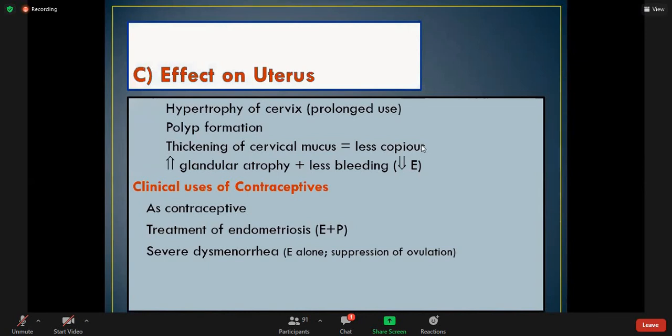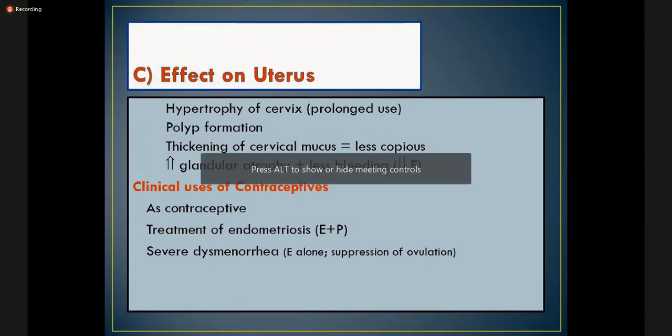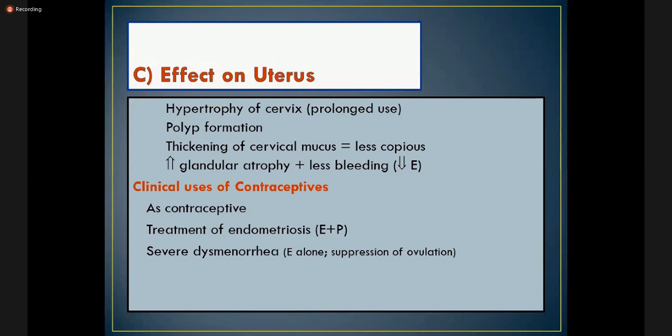Effects on the uterus: hypertrophy of the cervix, and polyp formation can occur if a female is taking contraceptives for a prolonged period of time, with thickening of cervical mucus, less copious, increased glandular atrophy, and less bleeding.